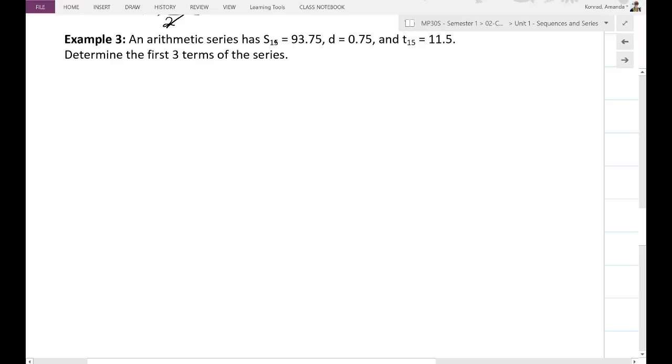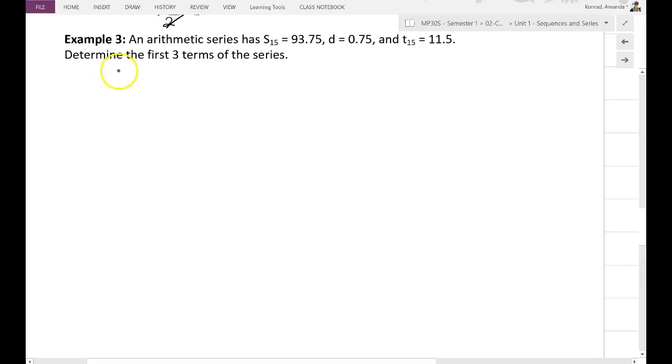Okay, so challenge. What are we going to do when we don't have enough information to complete technically either of the equations we have for determining this arithmetic series? Answer, we need to go back to yesterday's or the previous lesson. Maybe you're watching it today too, if you're keener. We need to figure out how we can determine term 1, because that is showing up in both of our equations for figuring out the series.